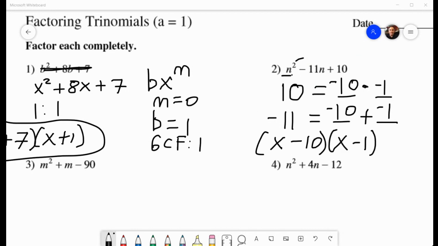Let me say it again because it might be a little confusing. Instead of x, we have the variable n. So we had x squared plus bx plus c, where x is our variable.